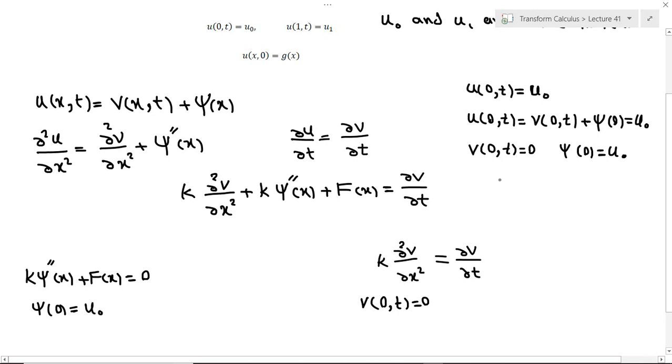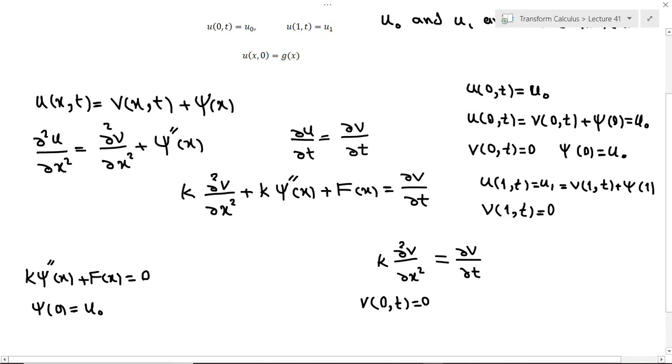For the second boundary condition, we have u of 1 and t is equal to u1, and it's equal to v of 1 and t plus psi at 1. Again, I assume that v of 1 and t is equal to 0. Why?